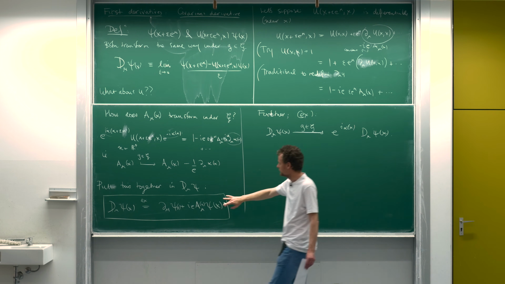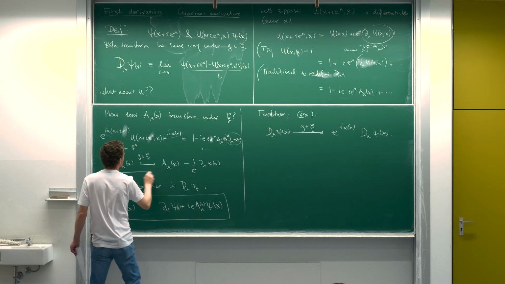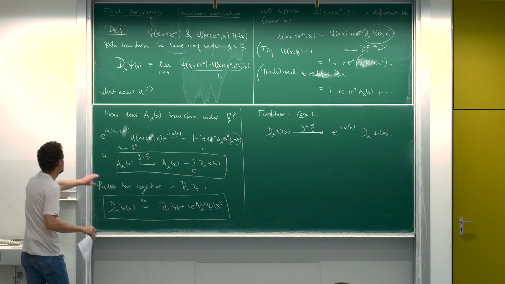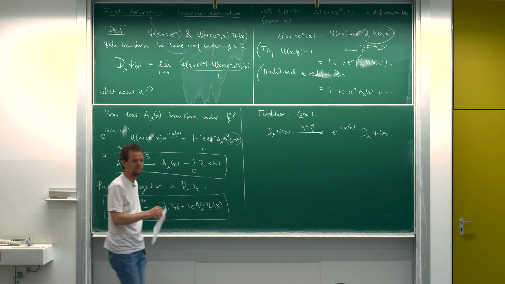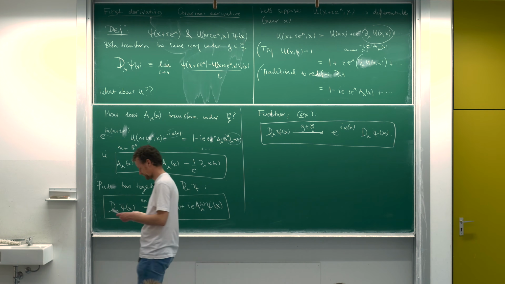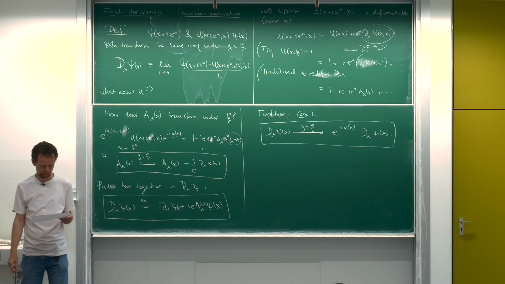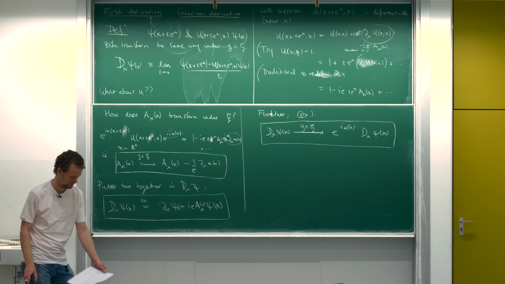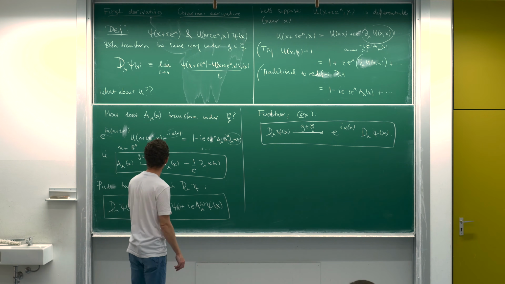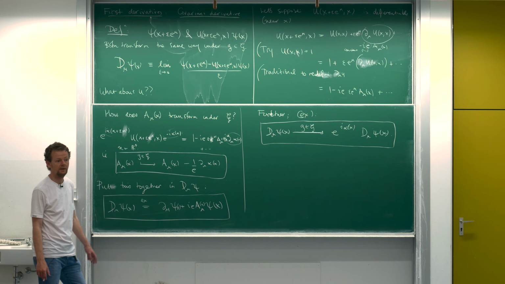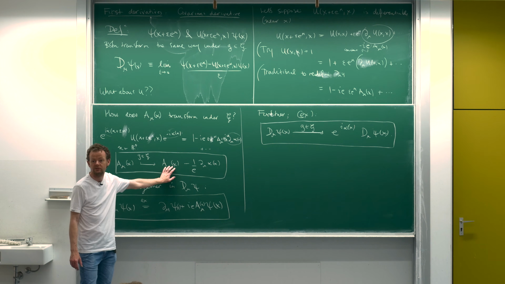And you get this expression, and then using this transformation rule here for this gauge field A mu of x, you can just directly show that this transforms in the correct way.